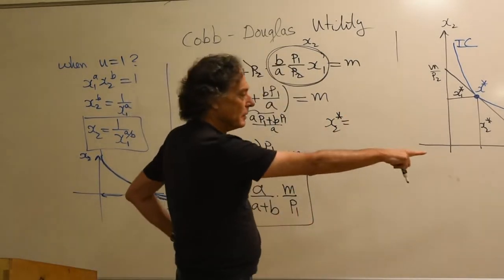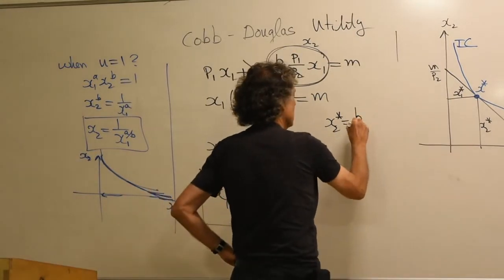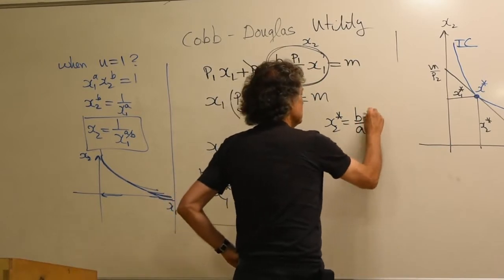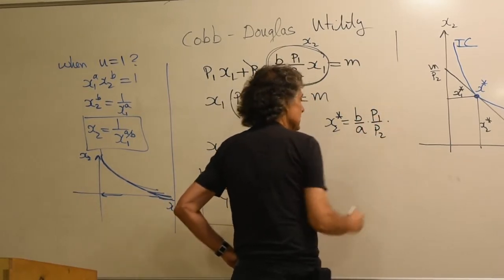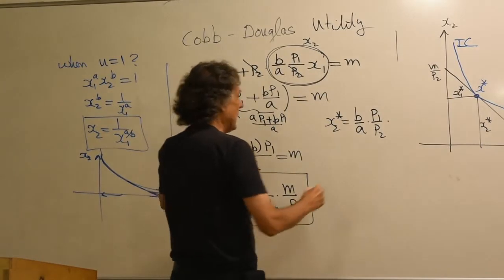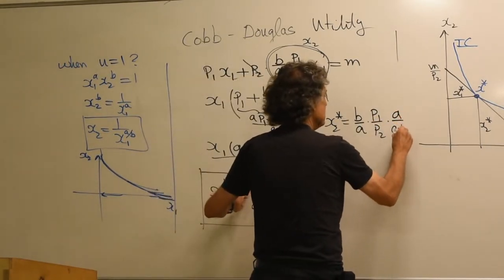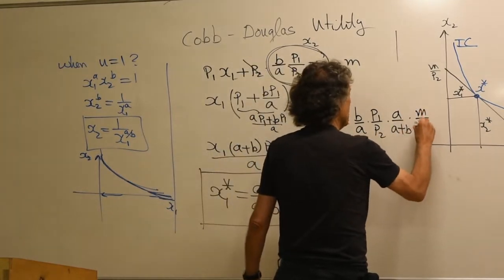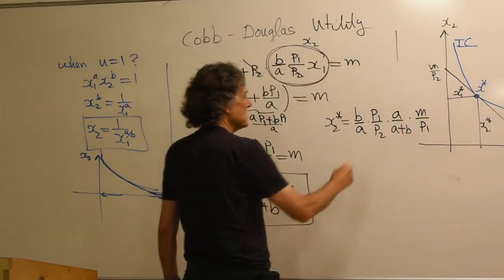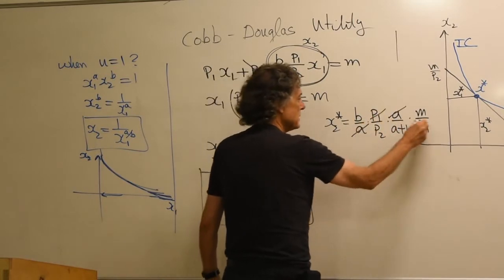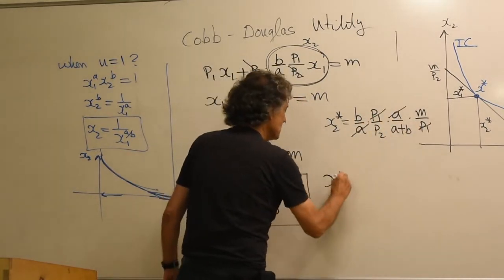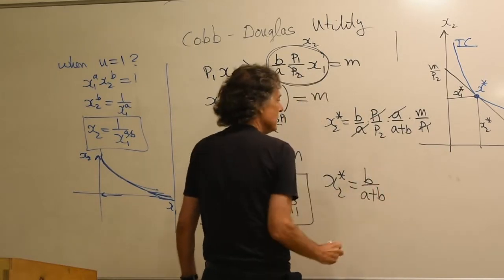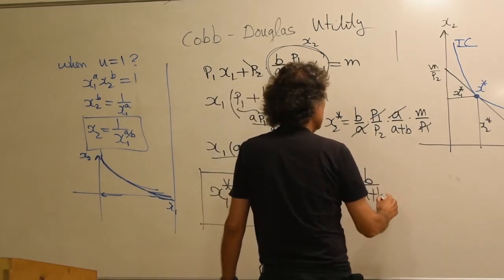It is b over a times p1 over p2 times x1, but x1 is a over (a plus b) times m over P1. So first of all, this and this go, and x2 star equals b over (a plus b) times m over P2.